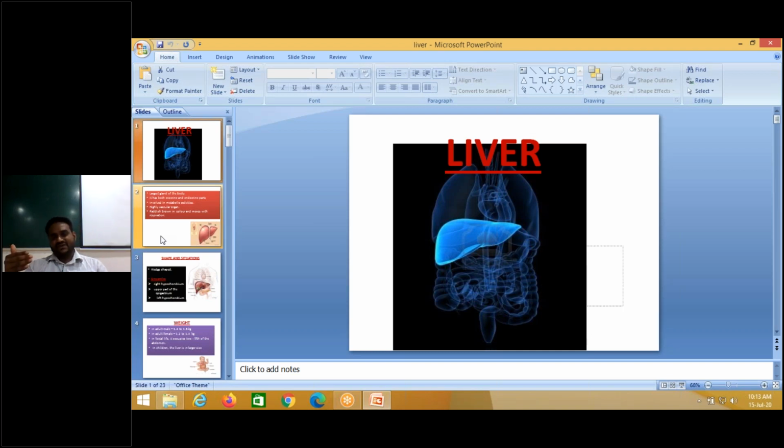In the posterior surface, we have seen many features: the bare area of the liver and its clinical importance, the groove for the inferior vena cava and its hepatic veins, which give main support, and the groove for the ligamentum venosum. The inferior surface is related to a number of viscera, a short notes question. The anterior surface usually should not extend beyond the right costal margin; if you palpate it beyond that, it is enlargement of the liver. We have also seen the ligaments and folds of the liver. So this is briefly about the liver.